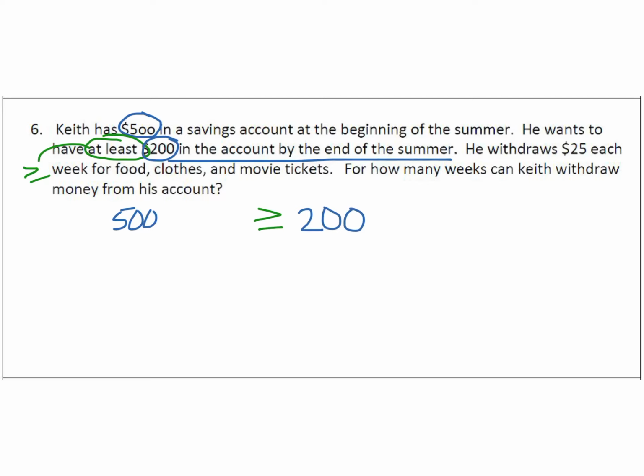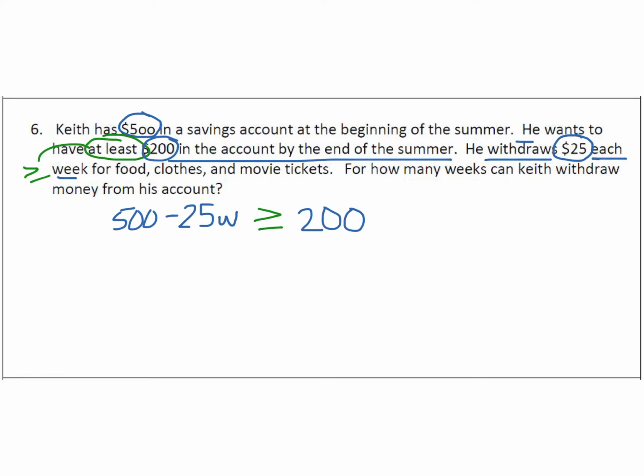All right, and he is withdrawing. Withdrawing means taking money out of the account. He's taking out $25, and he is doing that each week for his spending money for food, clothes, and movie tickets.